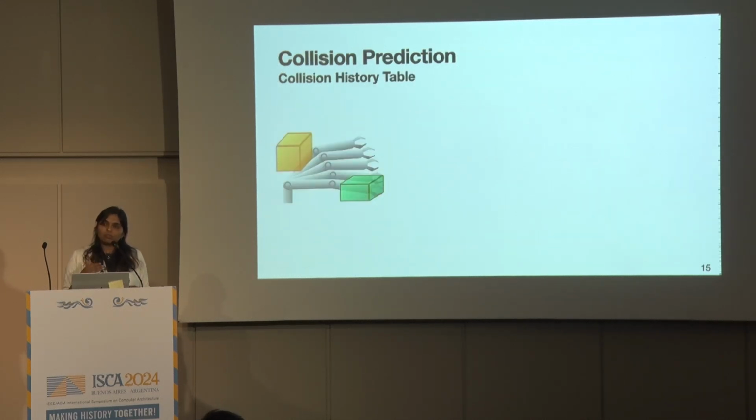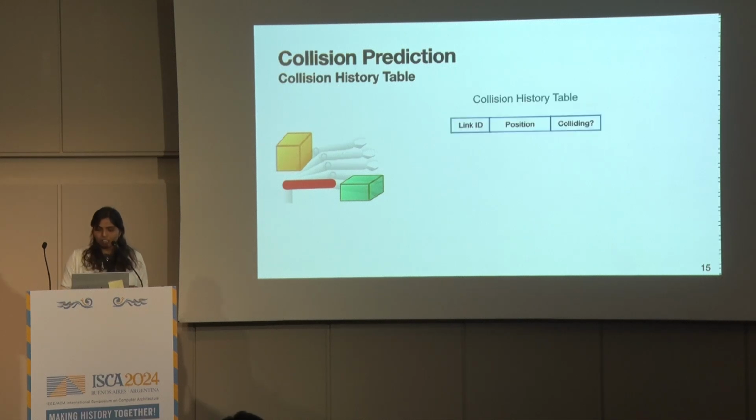So now let's go through some key design aspects of collision prediction. The first question here is, how do we even perform prediction? Now in a given motion planning run, environmental obstacles are typically assumed fixed, so we can perform collision prediction at the granularity of this link. We can maintain a collision history table which is indexed by the link ID and its position.